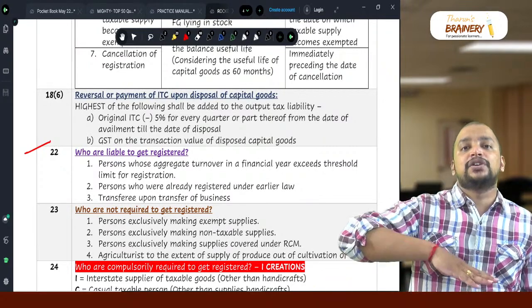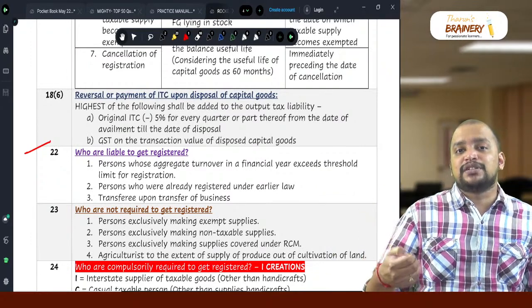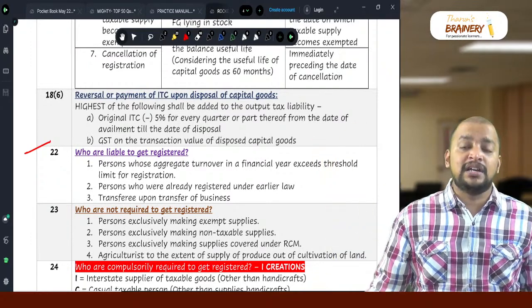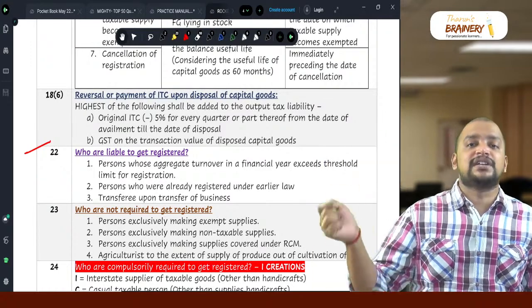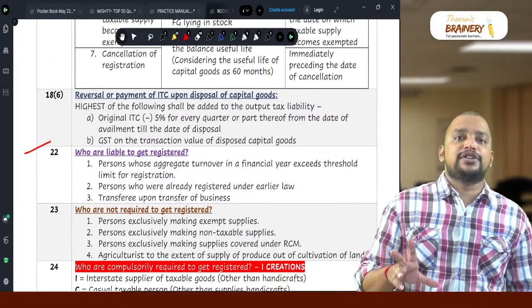So these are the two important points that you need to remember.